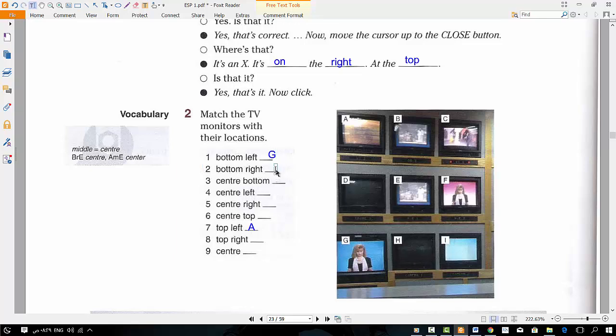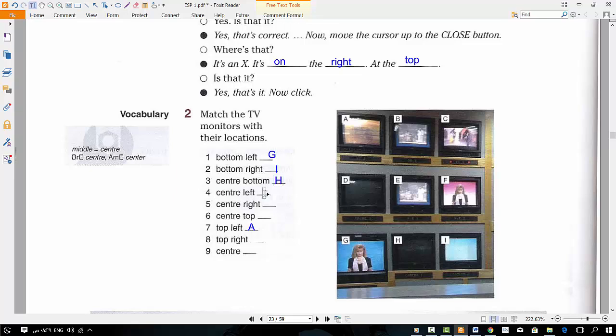I. Three, center, bottom. This is the bottom, this is the center. Okay, bottom, center, or center, bottom. H.